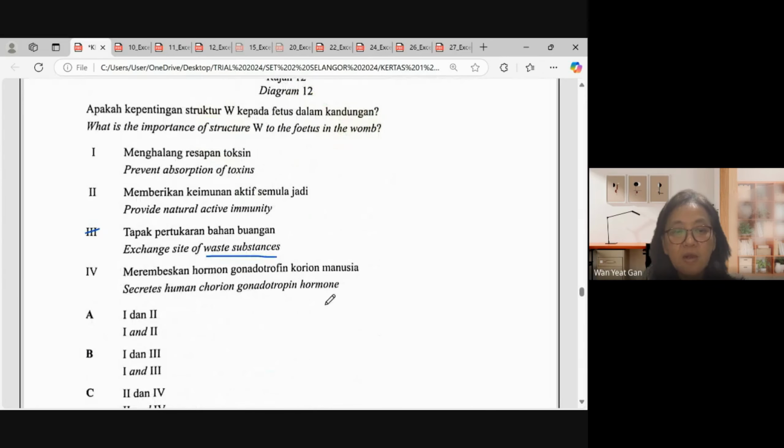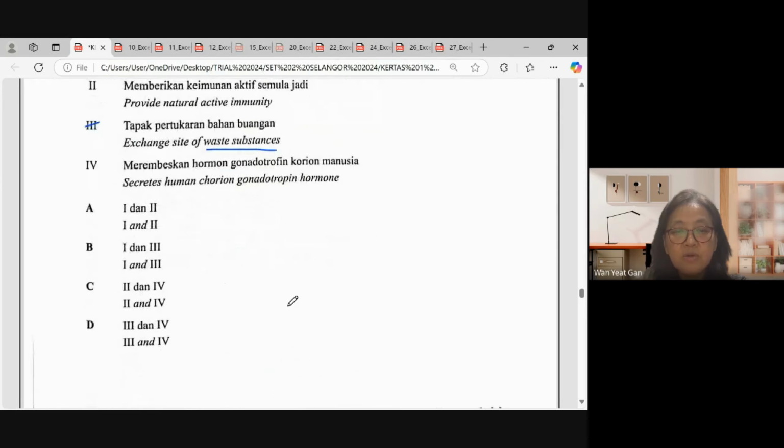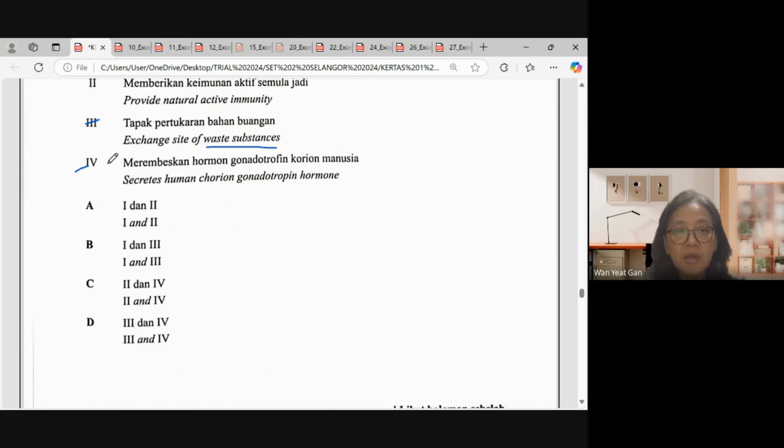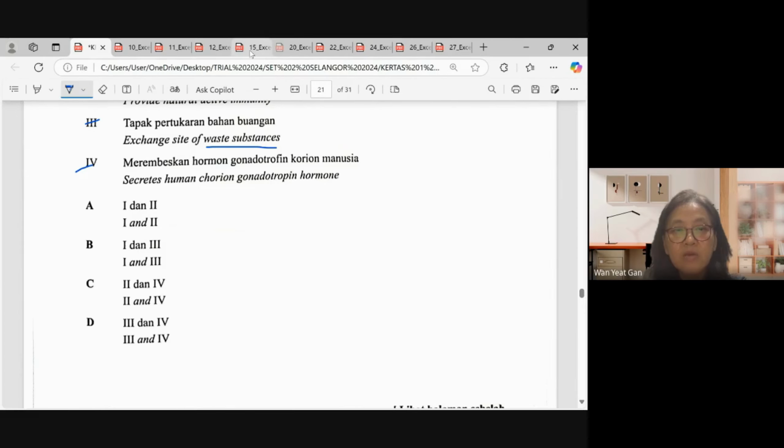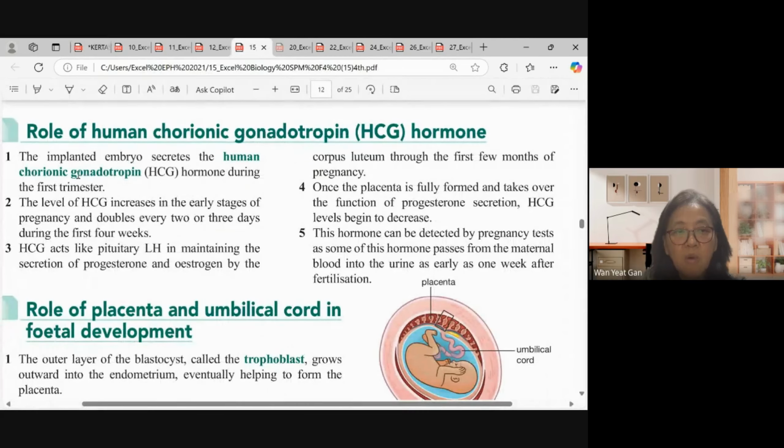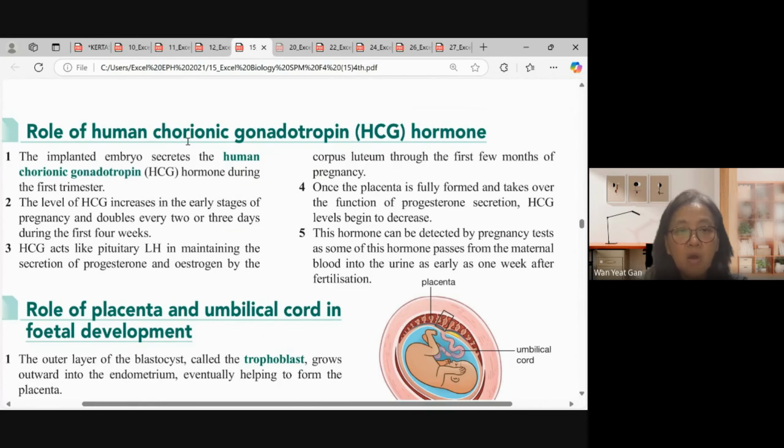And it also secretes human chorionic gonadotropin hormone, also called HCG.